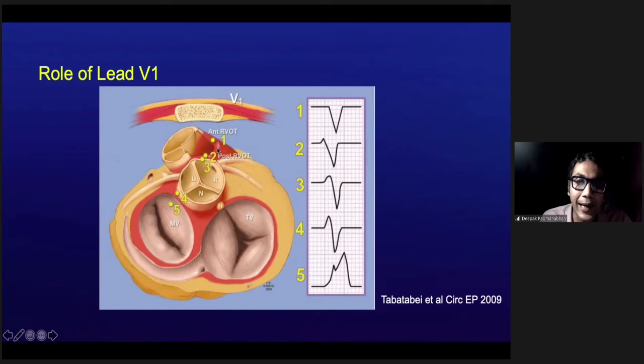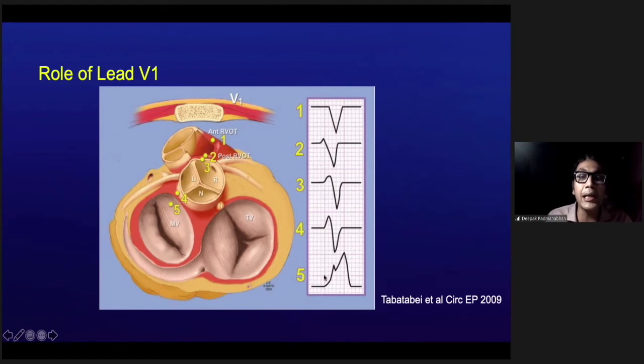As we go from anterior to posterior, that is from the anterior RVOT to the posterior RVOT, going on to the left coronary sinus of Valsalva and the aortomitral continuity, the R in lead V1 keeps on increasing till it becomes a completely positive R in the aortomitral continuity. So this is an important clue for us in terms of looking at the ECG and telling whether or not the PVC is coming anteriorly or slightly more posteriorly.